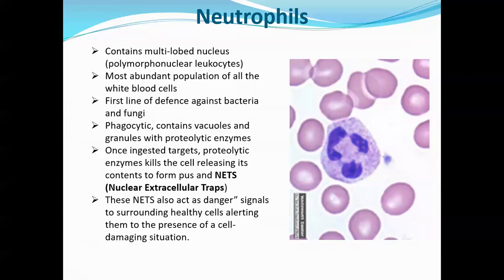So in this way, the neutrophil can be thought of as a first responder in trapping extracellular invasions, but also acting as a sensor system to activate surrounding cells to amplify this inflammatory response.